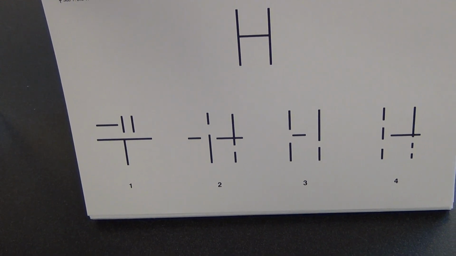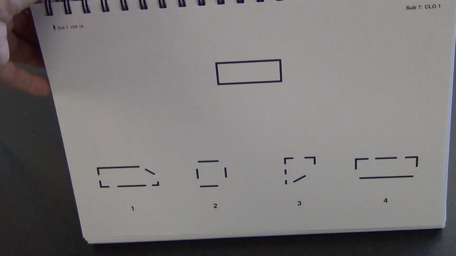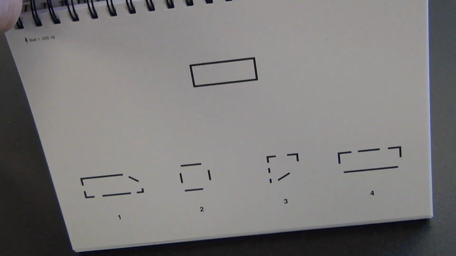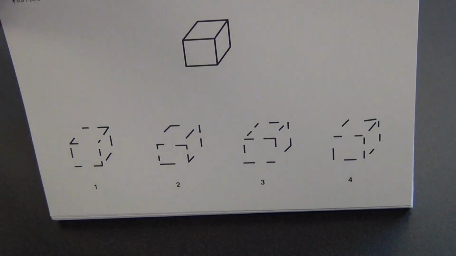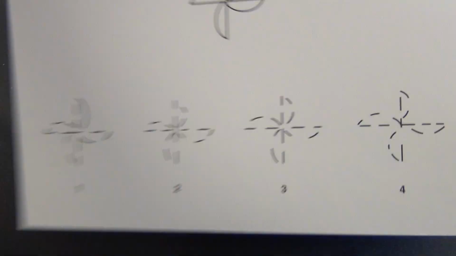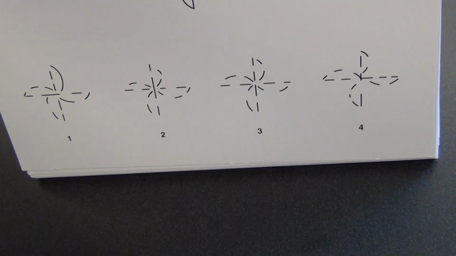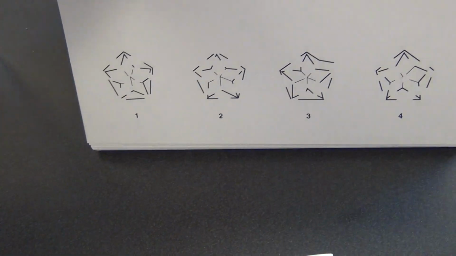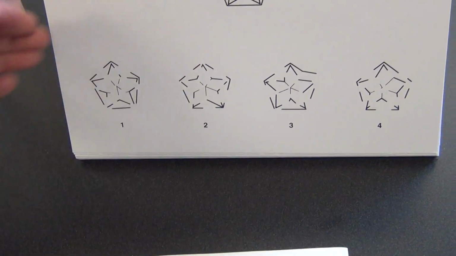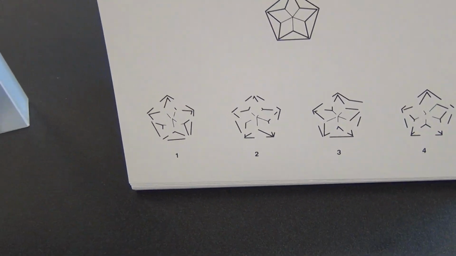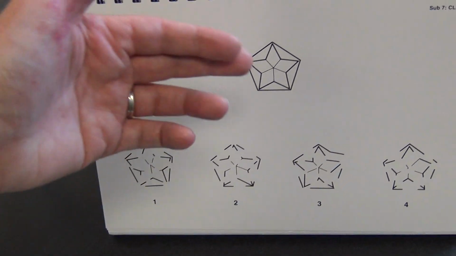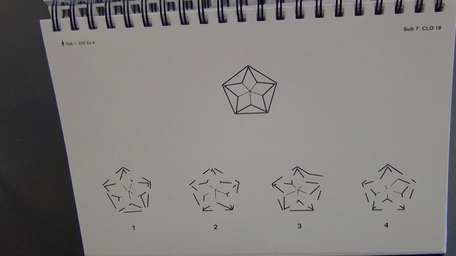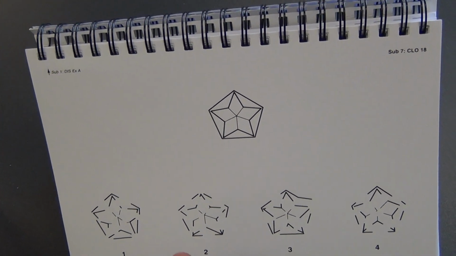The answer would be 3. You can see as you begin to score, they get progressively harder all the way to number 18. And the answer to this last one would be 2.